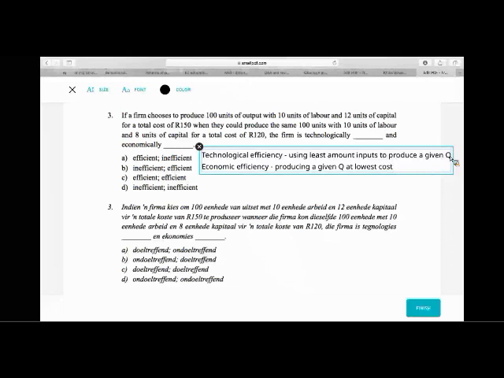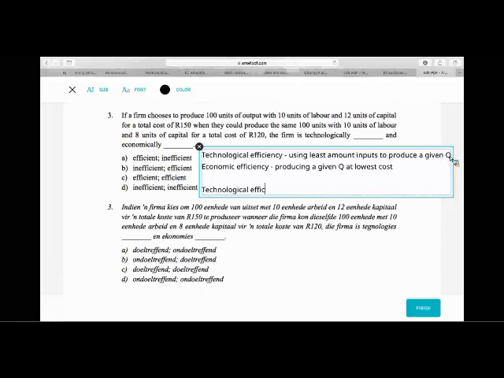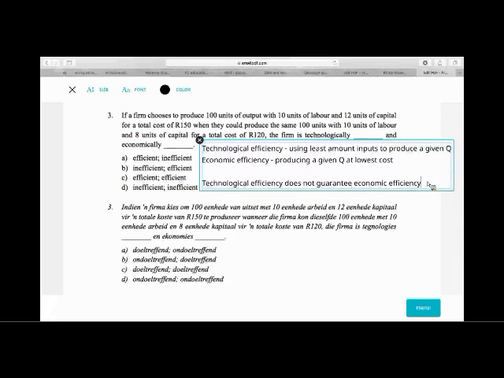So the important thing to know with regards to these two concepts is that technological efficiency does not guarantee economic efficiency. And the reason why is because you could be using the least inputs, but you could be using a very expensive input.